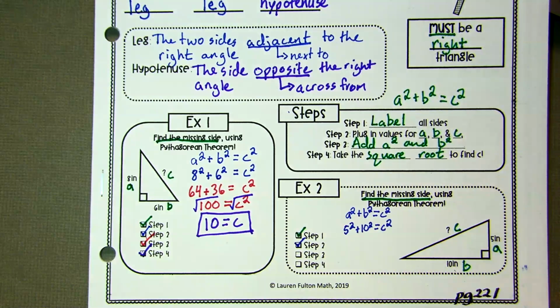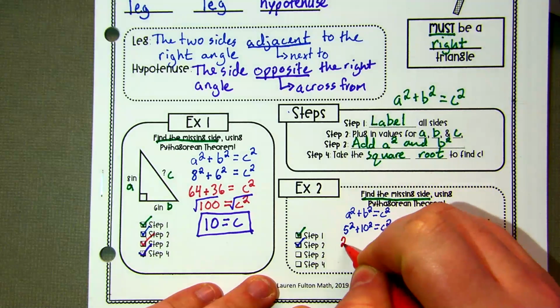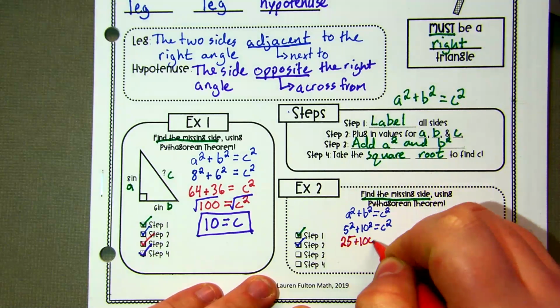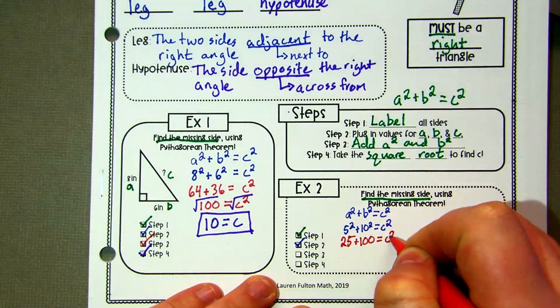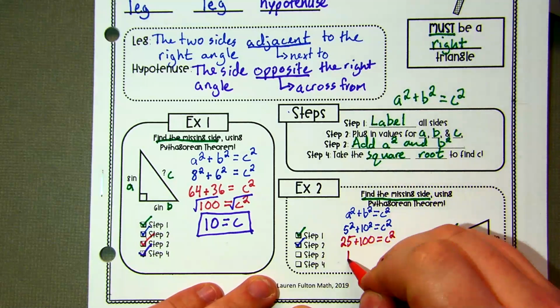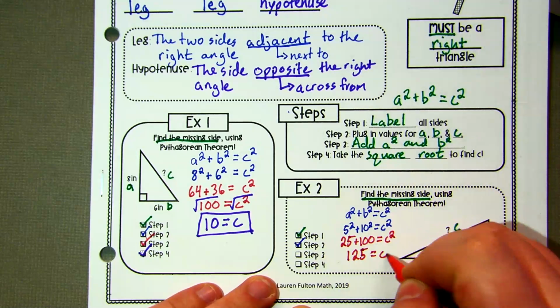Perfect. Thank you, everyone. Awesome. So when we do our squares here, we get 25 plus 100 equals c squared. So 125 equals c squared.